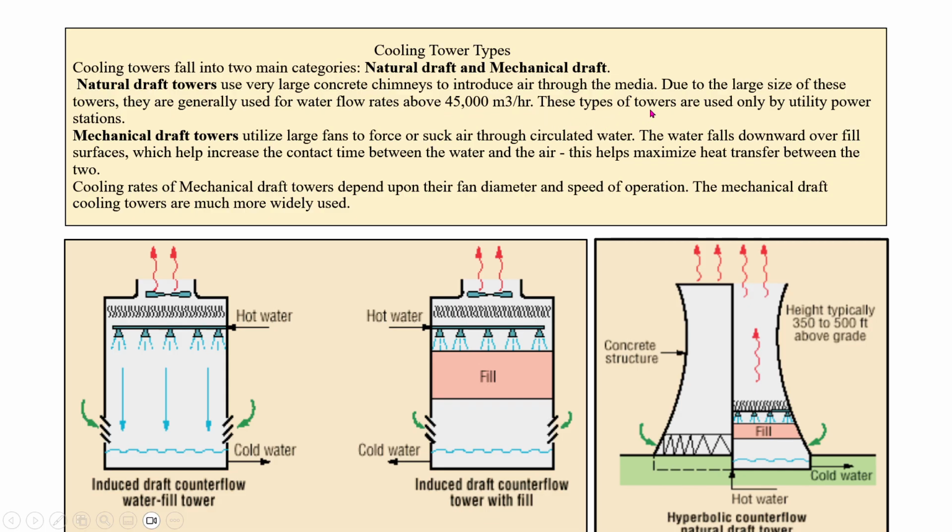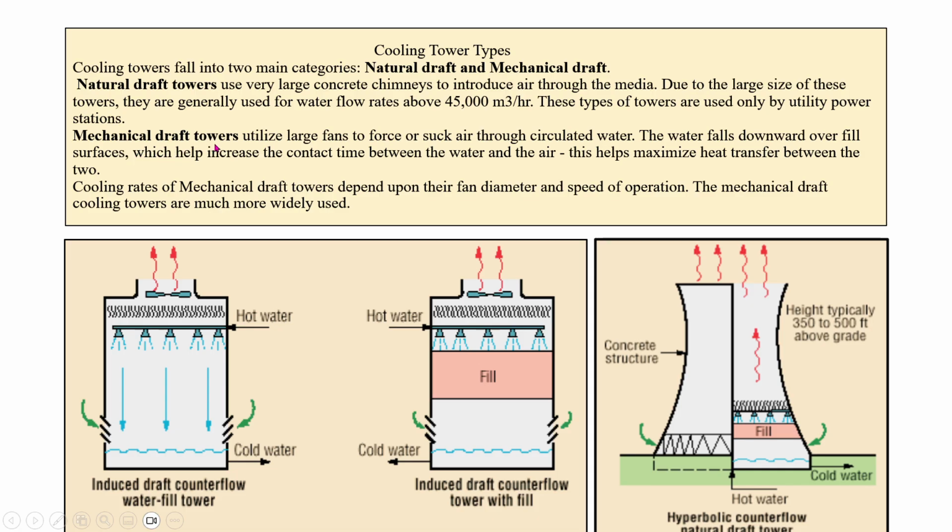This type of tower is normally used in utility power stations. Because the size is big, the cooling water flow requirement is also big, above 45,000 cubic meters per hour. Power stations normally use natural draft cooling towers.